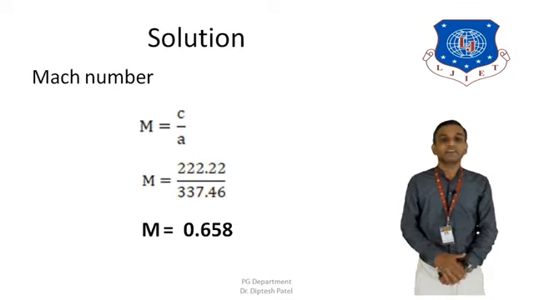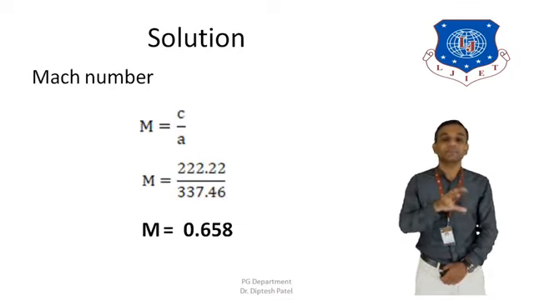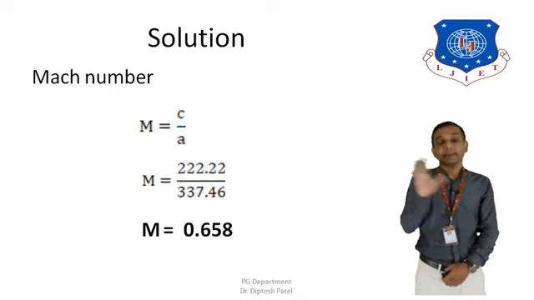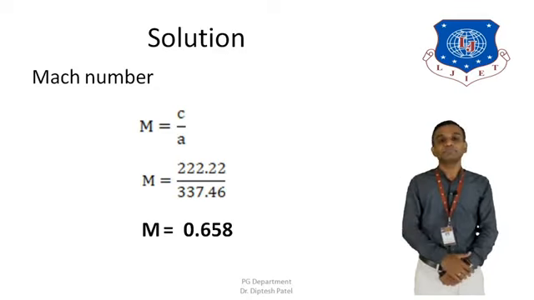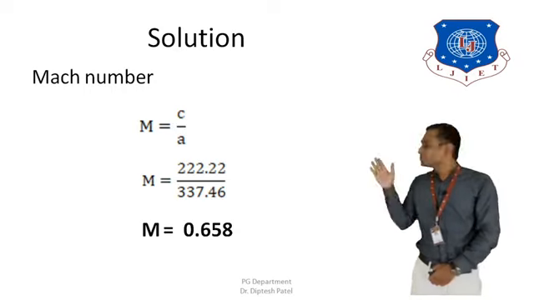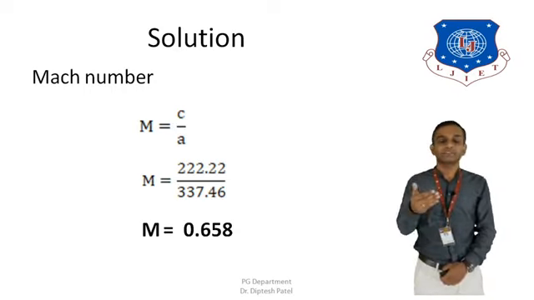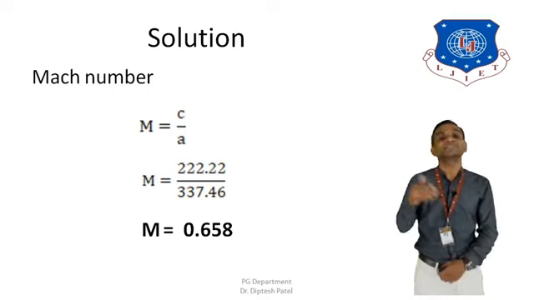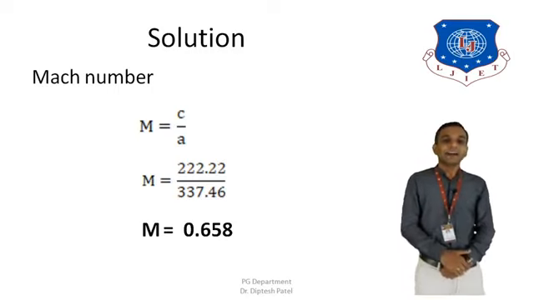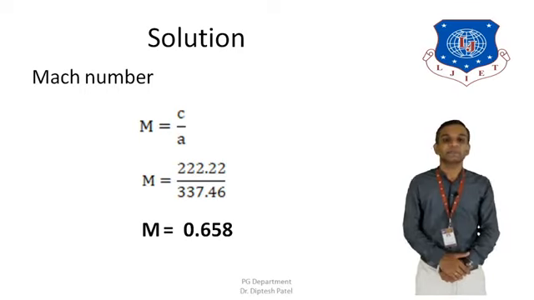Now let's move forward to the last finding. Here we have to calculate the Mach number, which is the ratio of object velocity to the sound velocity. The velocity of the aircraft is given, that is 222.22, divided by the velocity of sound that we have calculated, which is 337.46.